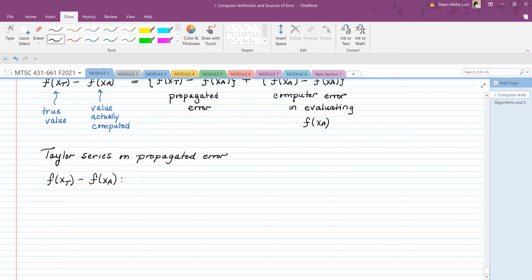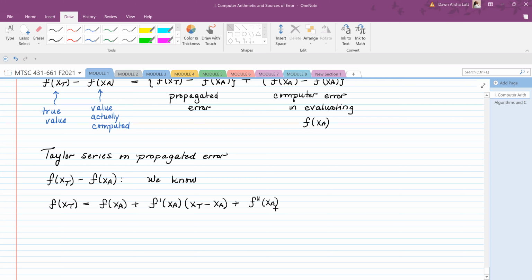But we know that f of x true is f of x approximated plus f prime of x approximated times x true minus x approximated plus f double prime of x approximated over 2 factorial.